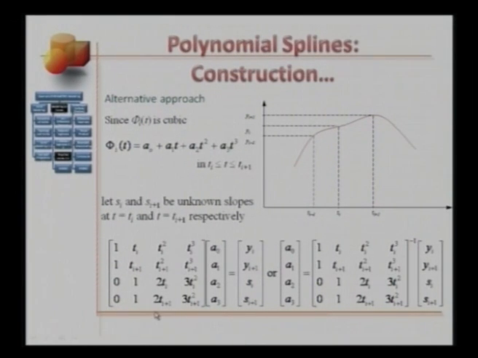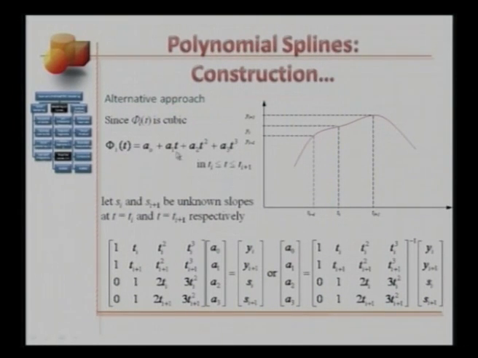We'll have the coefficient matrix as 1, t i, t i squared, t i cubed; 1, t i plus 1, t i plus 1 the whole squared, t i plus 1 the whole cube; 0, 1, 2 t i, 3 t i squared; 0, 1, 2 t i plus 1, and 3 t i plus 1 squared. What would these coefficients correspond to? Well, this corresponds to the first equation if we substitute phi i equals y i for t equals t i. This row here corresponds to the second equation. Phi i at t i plus 1 is y i plus 1.